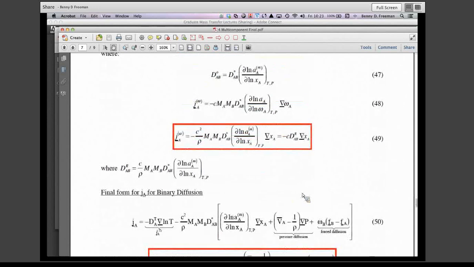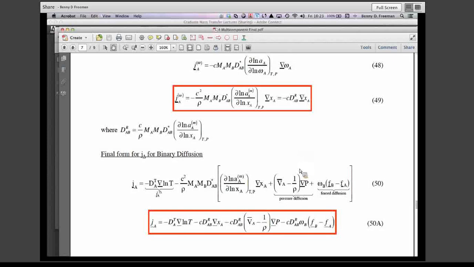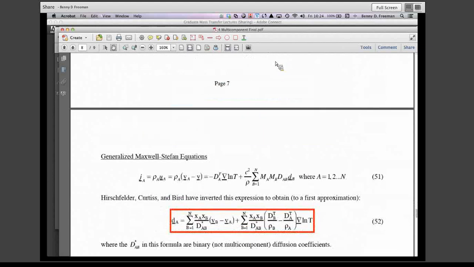And so the final form of the expression for the diffusive mass flux for component A is shown in the red boxed expression at equation 58. And it includes effects from thermal diffusion, concentration gradient driven diffusion, pressure driven diffusion, and also species specific body forces.